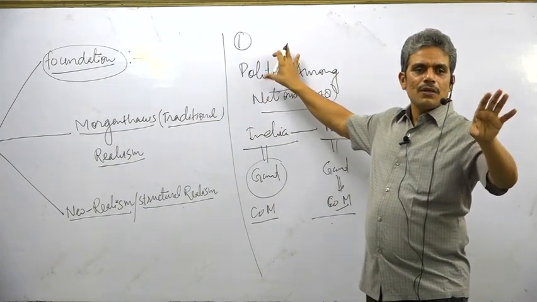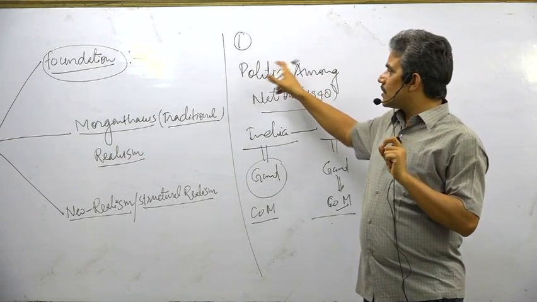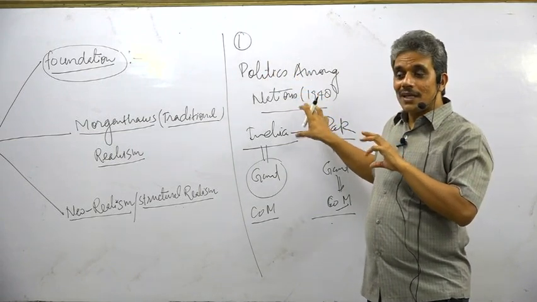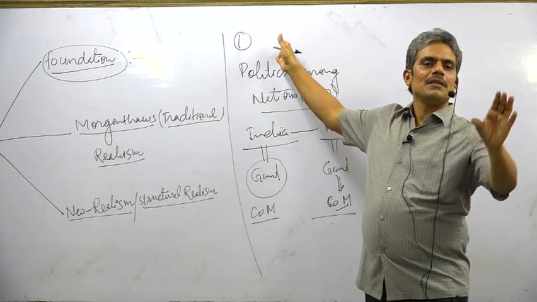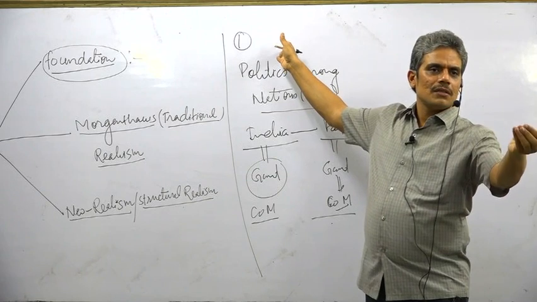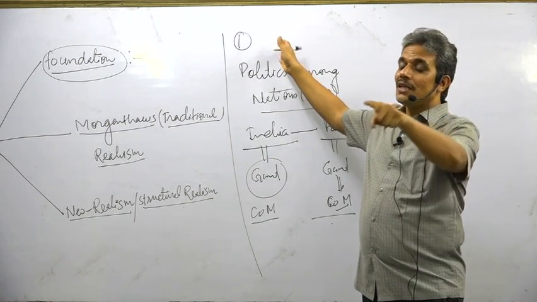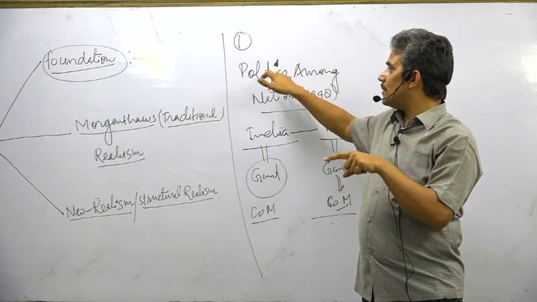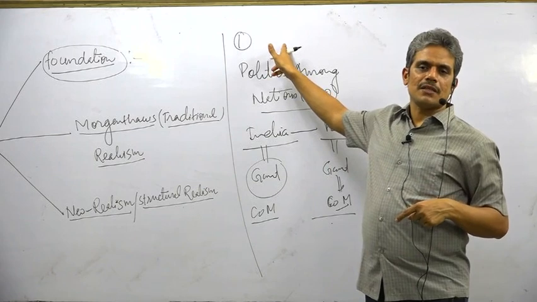Morgenthau was the first scholar who tried to make a connection between human behavior and the behavior of a state, because a state consists of human beings. On the basis of defining the nature of human beings, he explained the nature of a state.